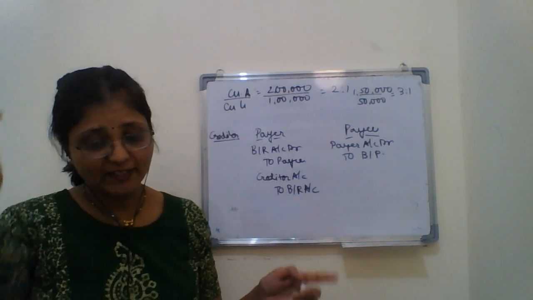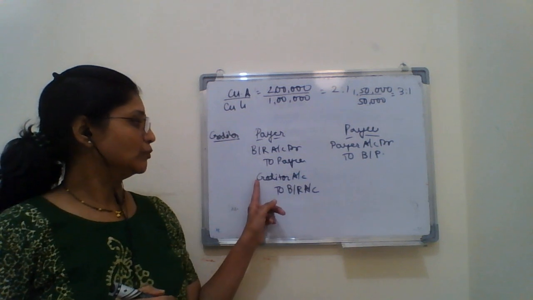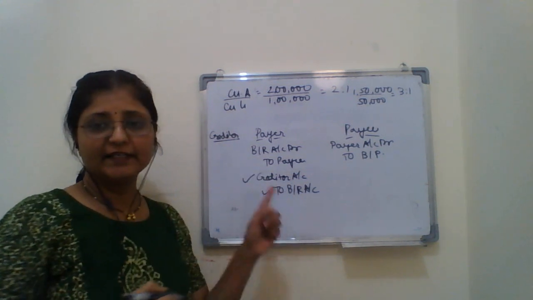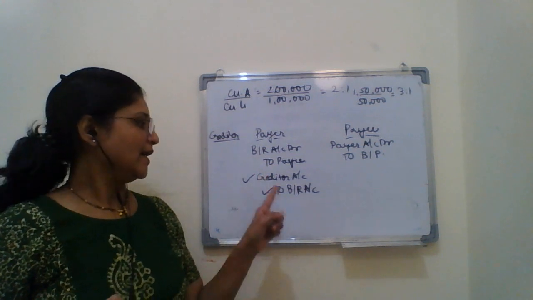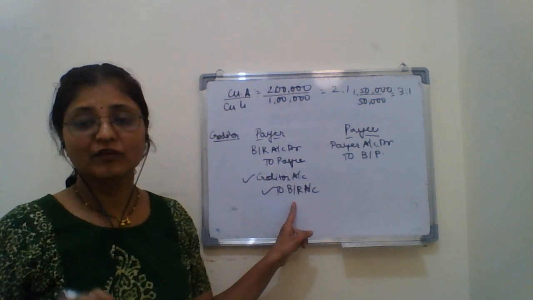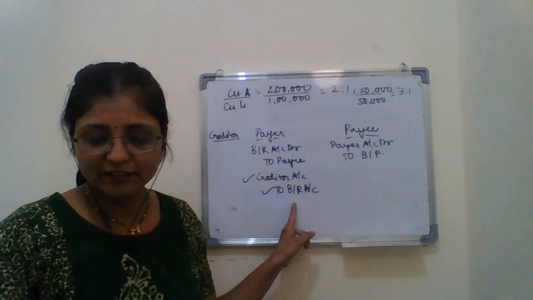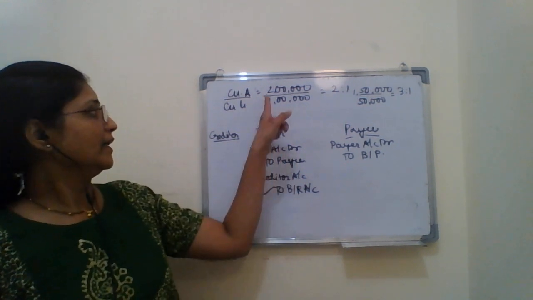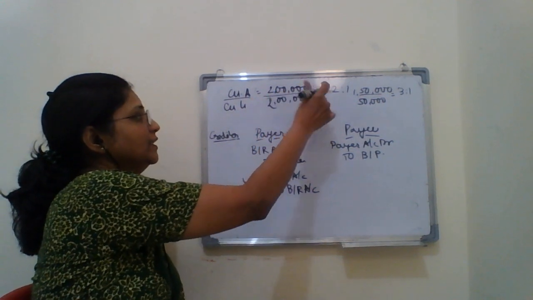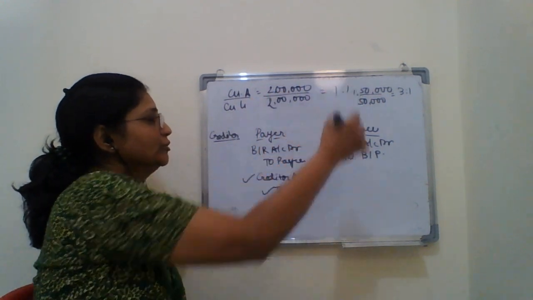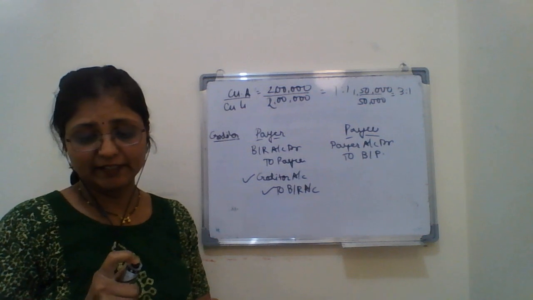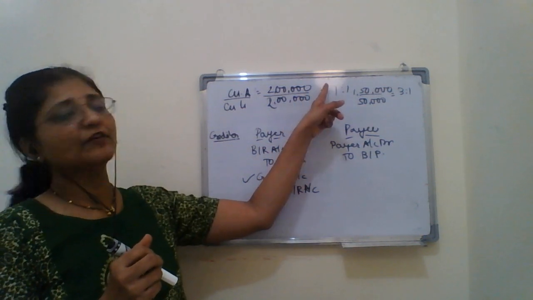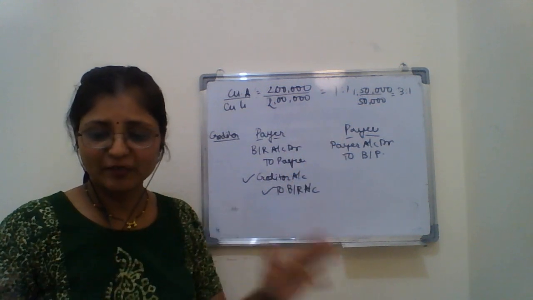So now what is happening? In this case, both the creditor and bills receivable. Creditor is part of current liability and bills receivable is a part of current assets. So we'll just take the first case, that is 1:1. It means the current assets and current liabilities are same, 2 lakhs and 2 lakhs, 1:1. So in this case, what will happen? If this is 50,000, it will again become 50,000 and 50,000. There will not be any change.